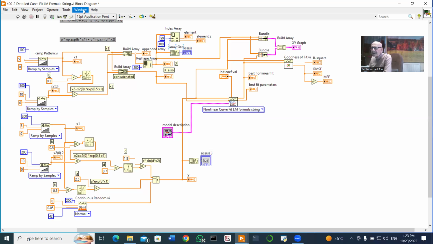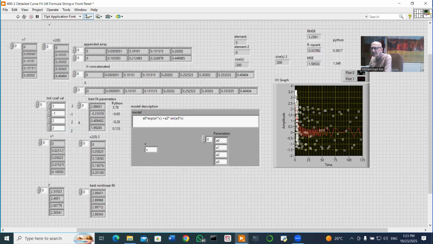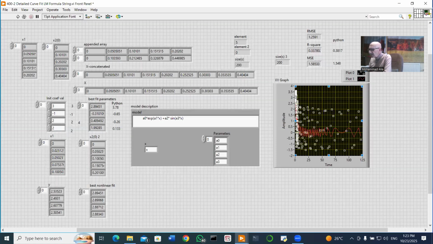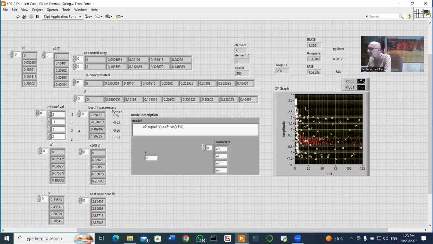So if we go back now and run the program, I will run it now, we shall see nothing has changed because the settings are already given. And if we consider the value of the R square, it is 0.337, and the mean square error 1.5.